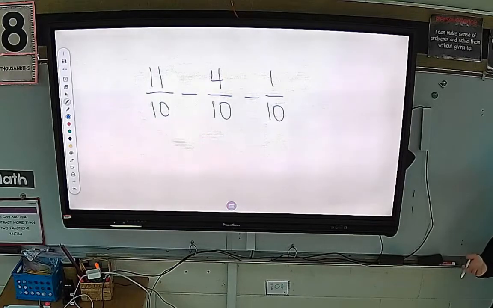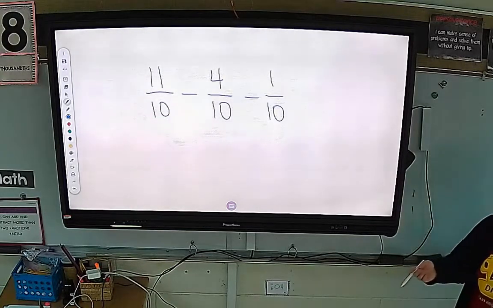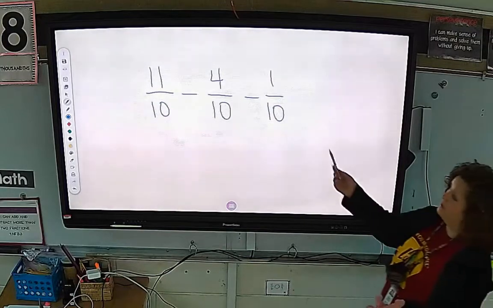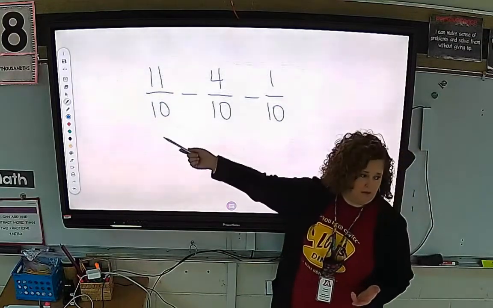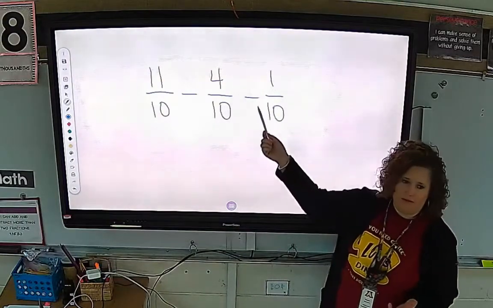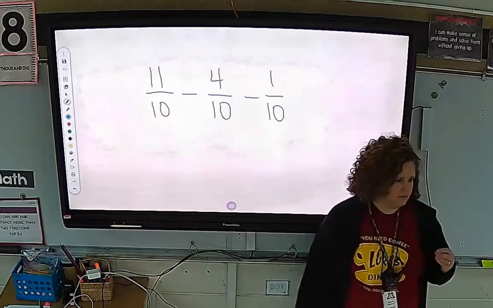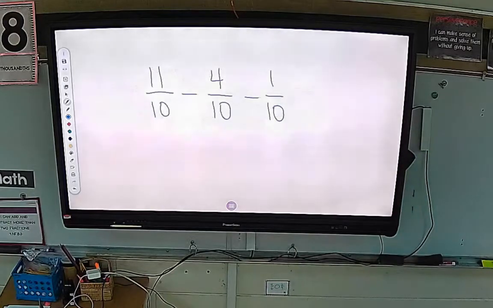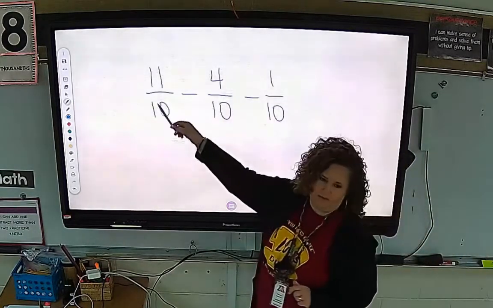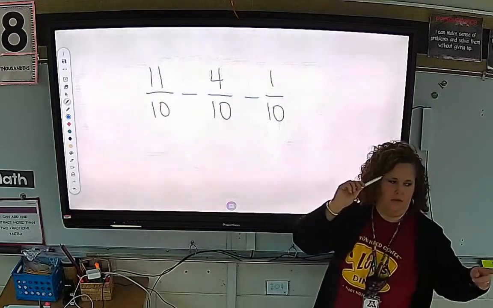Just know what would you do? Okay, so you would combine this and then subtract it. Okay, but be careful about doing that. Make sure you realize what you're subtracting. Okay? He's saying he would take this together and subtract 5 from 11.